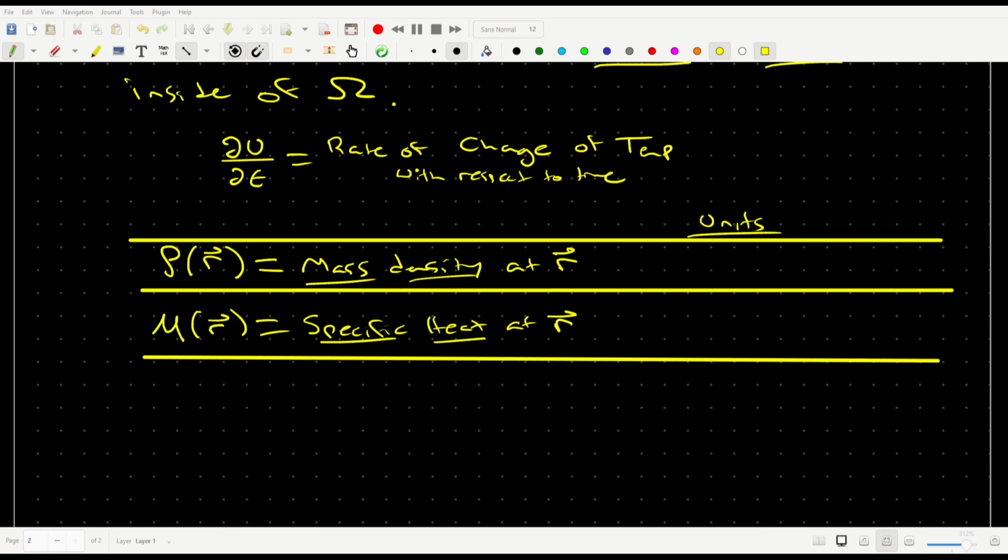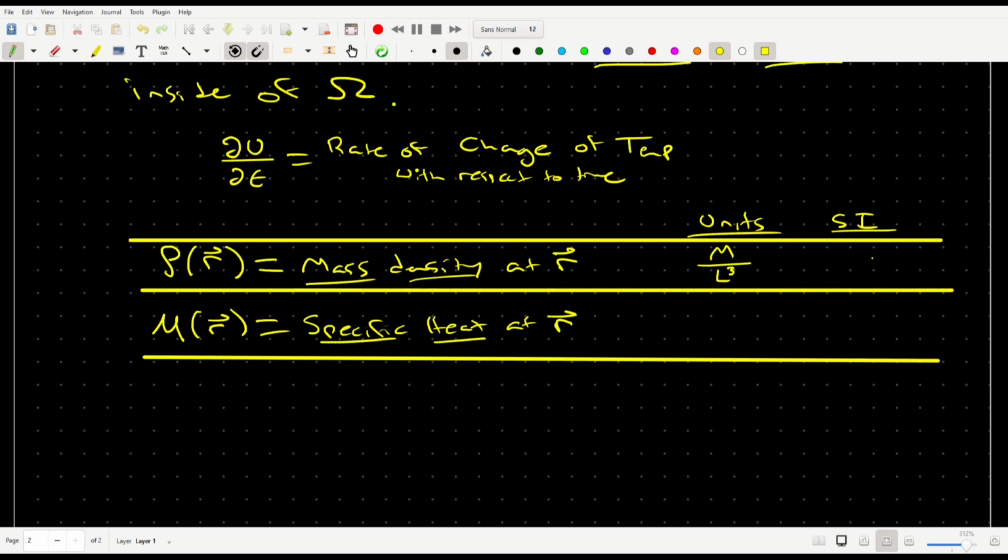And just like before, I want to do a dimensional analysis and show you the units of these so you're not confused by what's going on here. The units of the mass density are pretty straightforward. The mass density here is a volumetric mass density, so this is mass over volume, or length cubed.